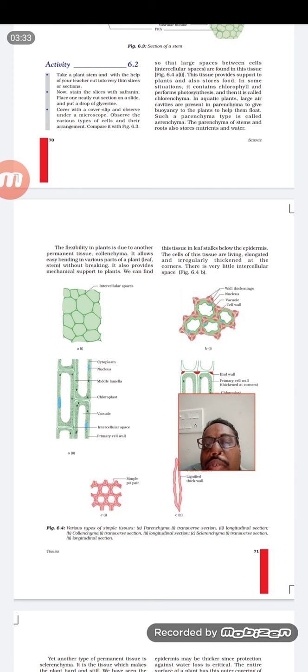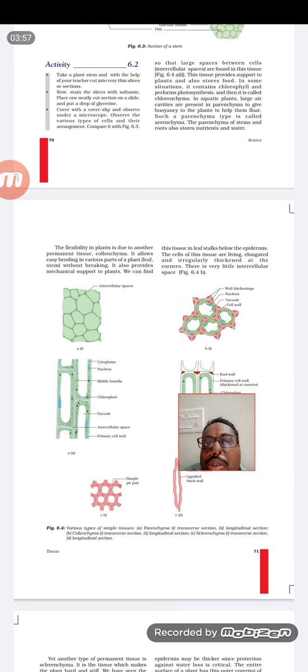So the stalk of the leaf is made up of collenchymatous tissues, and this is the main function of collenchymatous cells. That is, they will give flexibility to the living tissues.